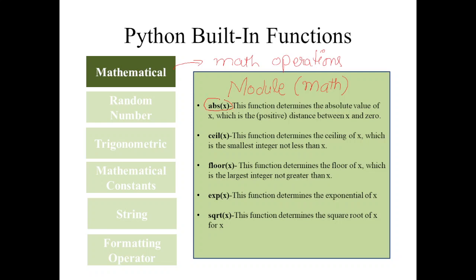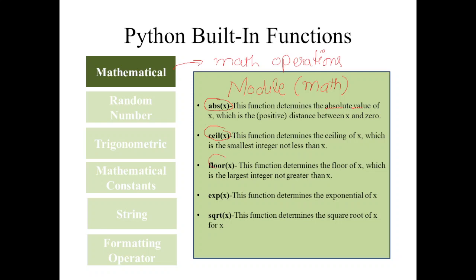First one is absolute value, abs. This function is used to determine the absolute value of x, which is also known as positive distance, or it is also called the magnitude of a number, of a complex number. Similarly, another function is called the ceiling function. This function is used to round off the value to the higher value.